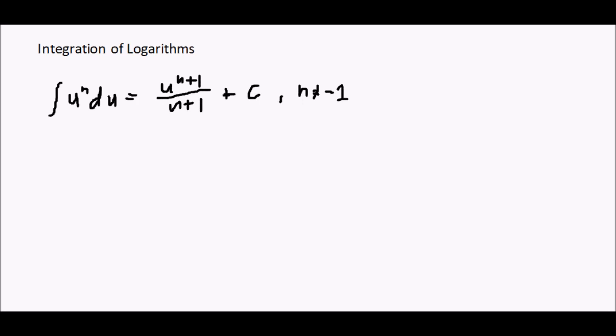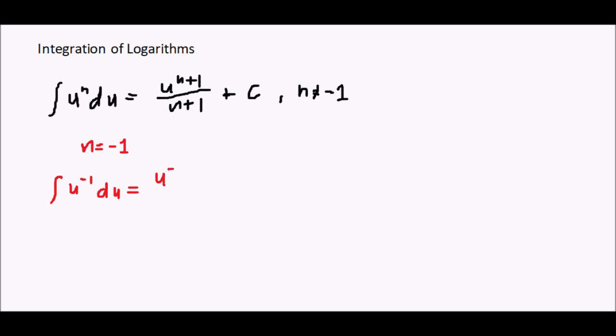1, so let's say that n is equal to negative 1. Substituting that into our equation, we can say that the integral of u to the negative 1 du is equal to u to the, what is our n? Negative 1.